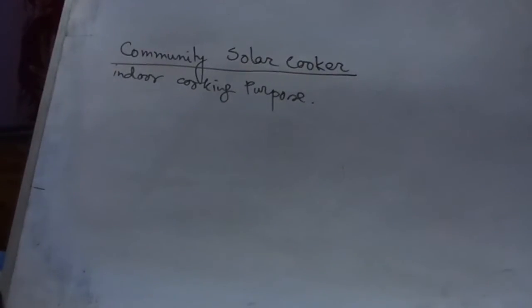A community solar cooker has a large automatically tracked paraboloid reflector standing outside the kitchen.